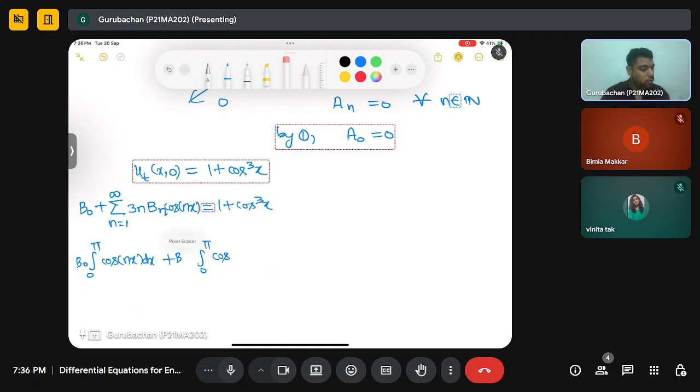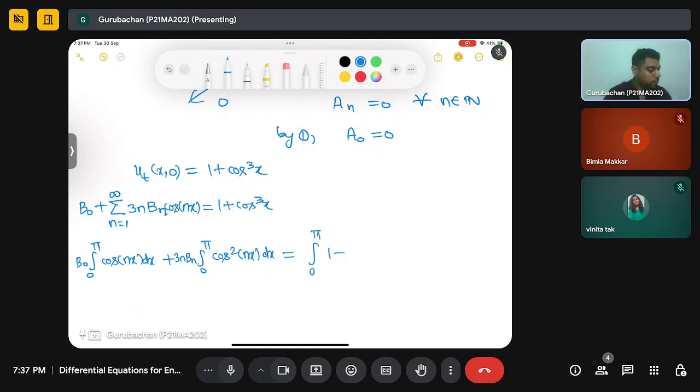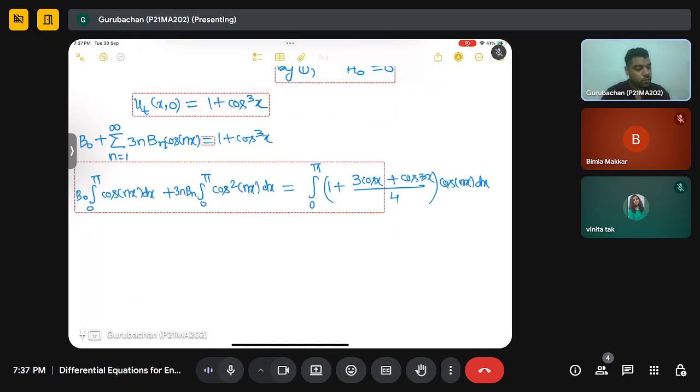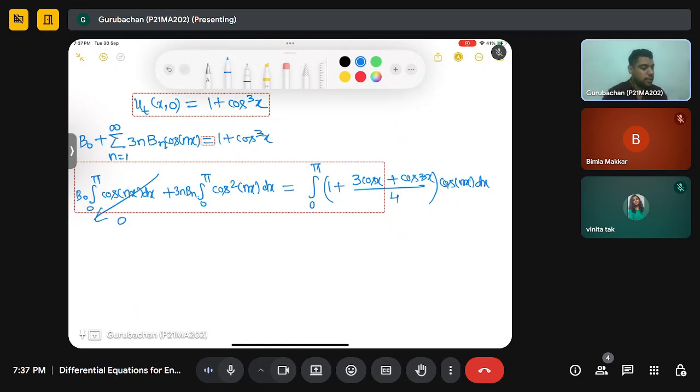This is bn, or you can say 3 times of bn. So 3n bn times the integral of cos square nx dx from 0 to pi equals the integral of 1 plus, again I will use the cos identity, that is (3 cos x plus cos 3x) divided by 4, times cos nx dx. From here this quantity is nothing but 0, as in the earlier case.